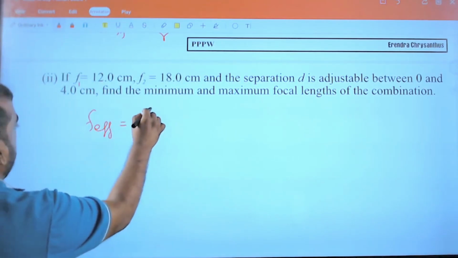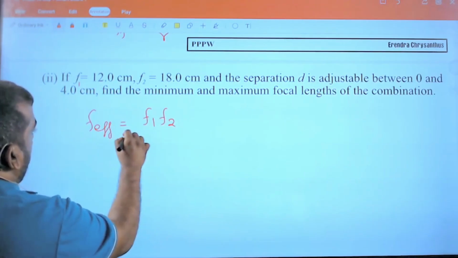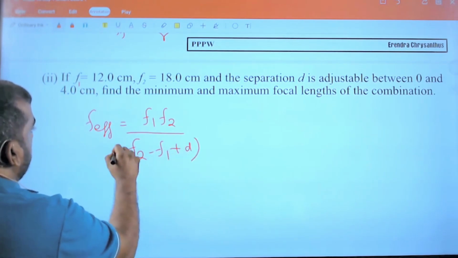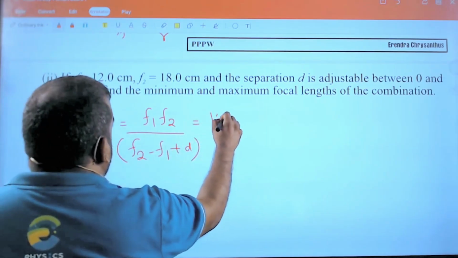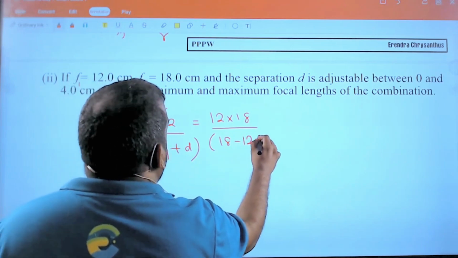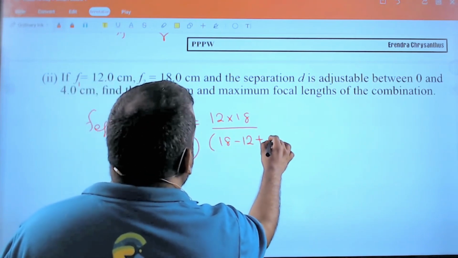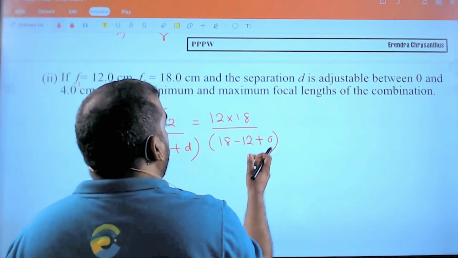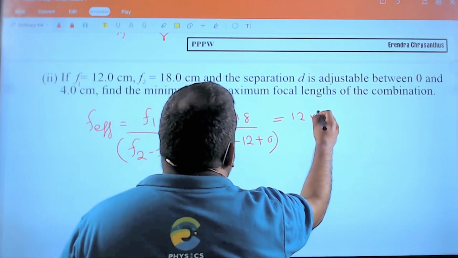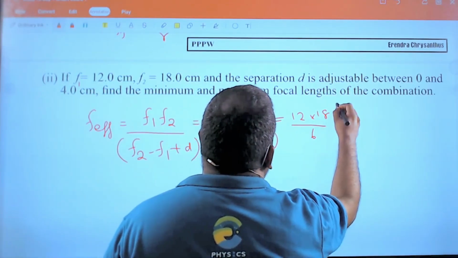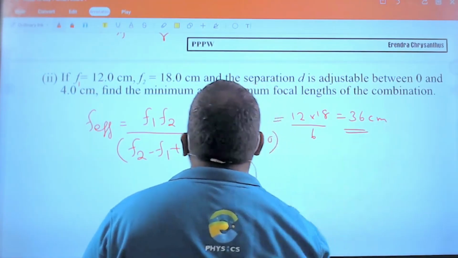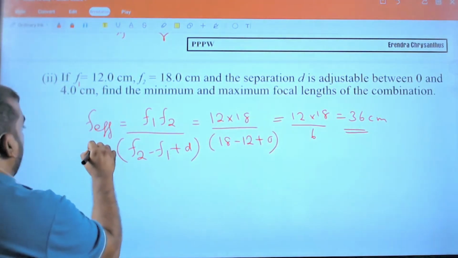Effective focal length is F1 F2 divided by F2 minus F1 plus D. 12 times 18, 18 minus 12 plus distance moved 0. So lesser value in the denominator means maximum focal length. 12 times 18 divided by 6, 36 centimeters effective focal length. This is your maximum.